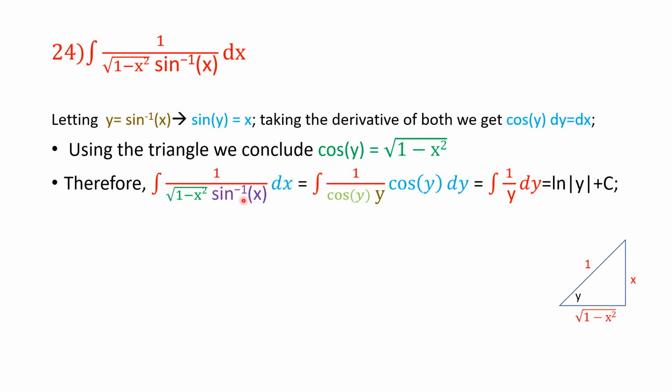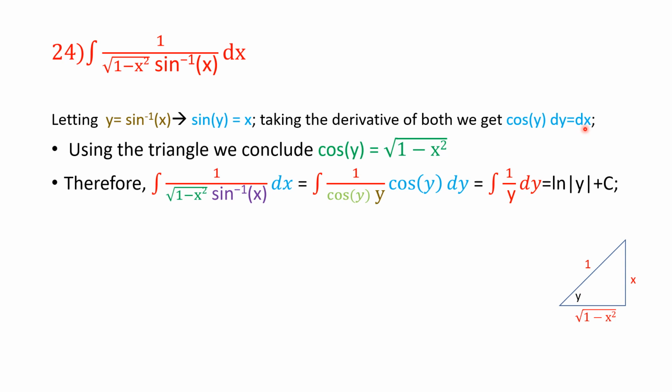And since we said also y equal to sine inverse of x, sine inverse of x will be replaced by y. Now our integration depends on dx. Also, we did the derivative of both sides, and the derivative yielded cosine y dy equal to dx.